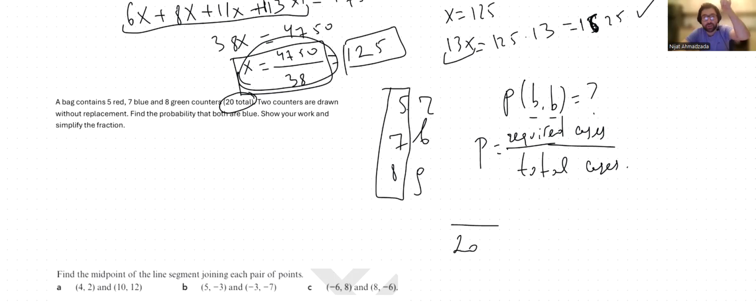I'm taking the first counter and I need it to be blue, right? So I have 20 possible things, and I am required to take one of those 7 things, right? 7 over 20 is the probability that the first one will be blue. But then I have to multiply it by the probability that the second one will be blue, right?